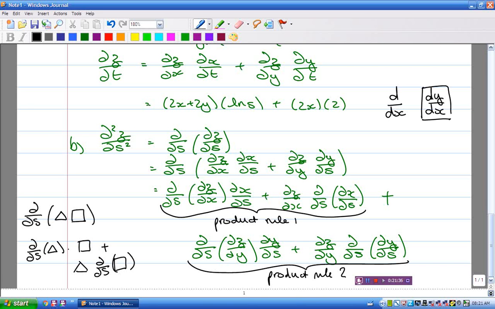And if I can just belabor the point, let me do the last line. This is the derivative with respect to s of the thing in the bracket times some factor that's not involved, plus some factor that's not involved times the derivative with respect to s of the thing in the bracket.